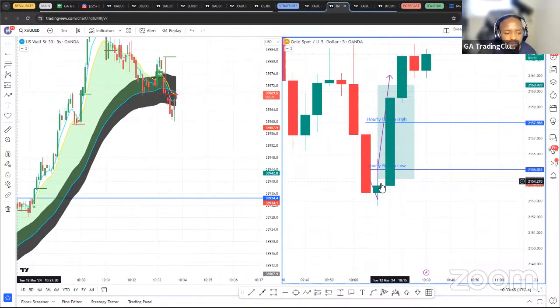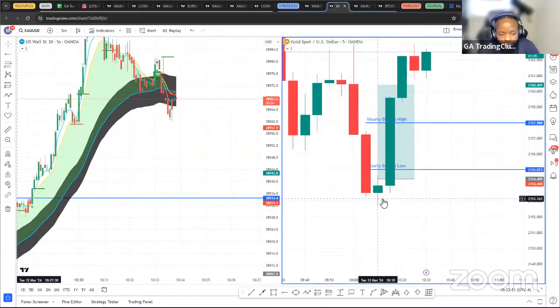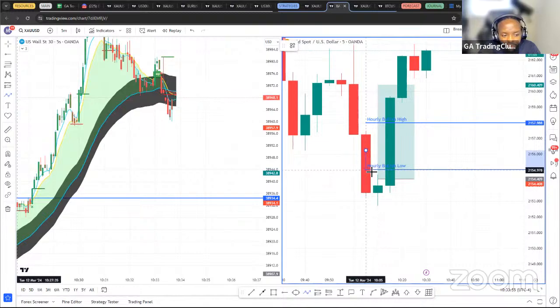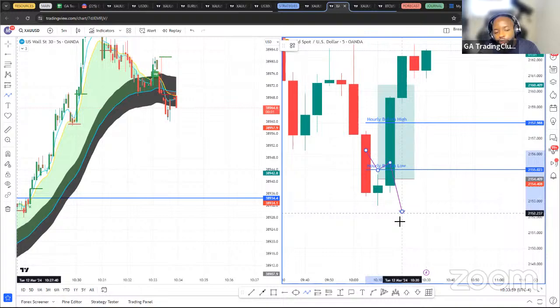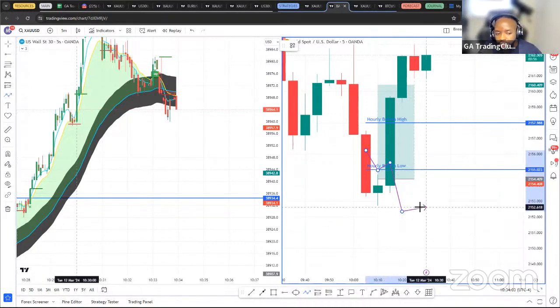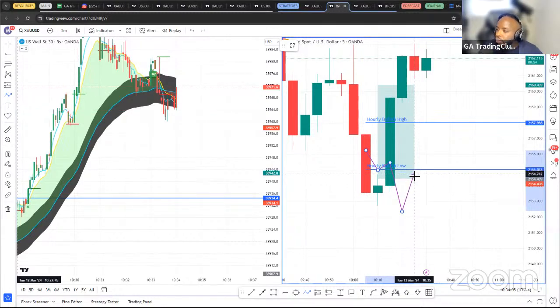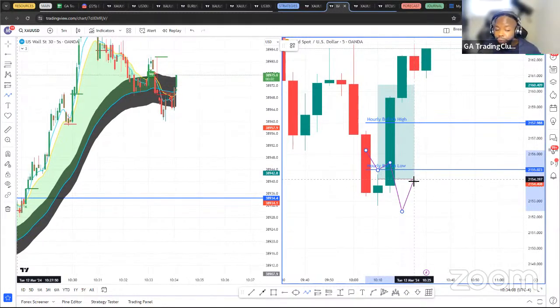When price gets to these zones, most of the time you'll see price have a little bit of reaction there, come back up, and then do a stop hunt. So for me, if price gets to a zone like this, in this case gold, about $3 away from that low, one way you can play it is to set a pending order at that hourly bullish low.